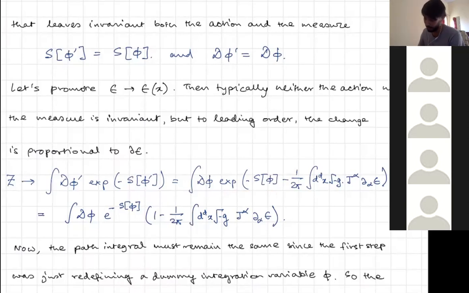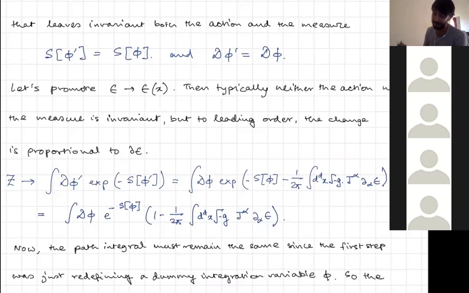So you will have an exponential of this, and that is going to give you, to leading order, just this. Now remember, the first line is a straightforward thing, right?